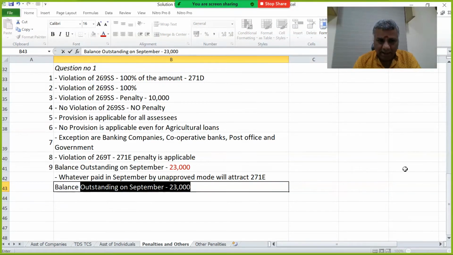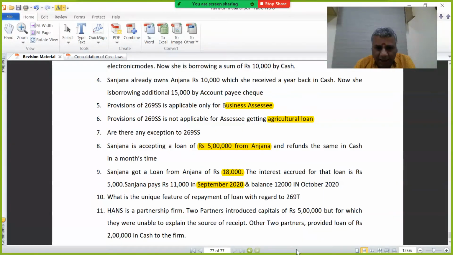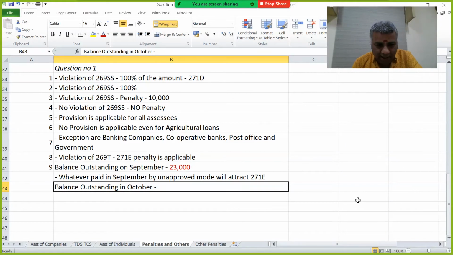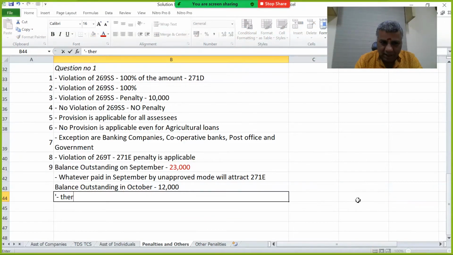Balance outstanding in October: because Sanjana paid 11,000, now the balance outstanding is only 12,000. There is no violation even if it is paid in an unapproved mode.